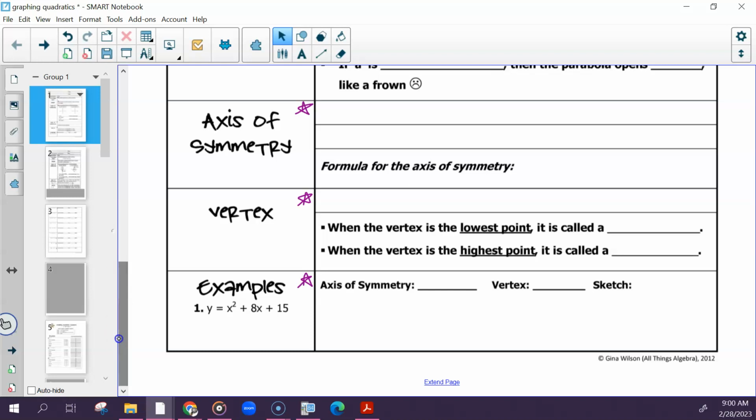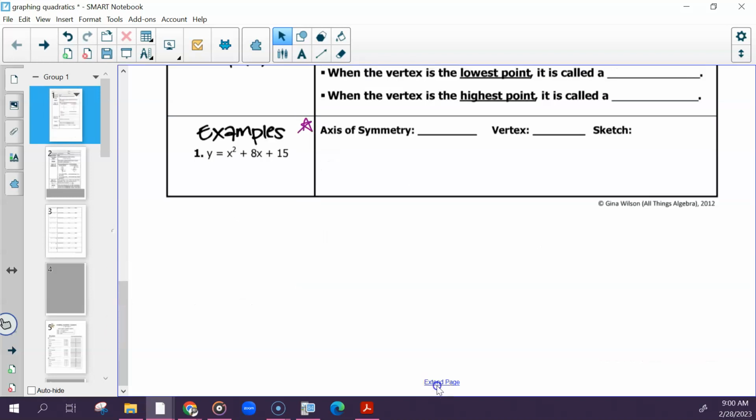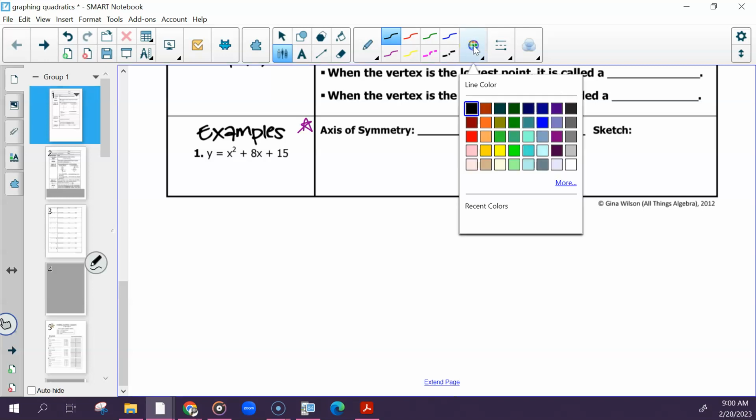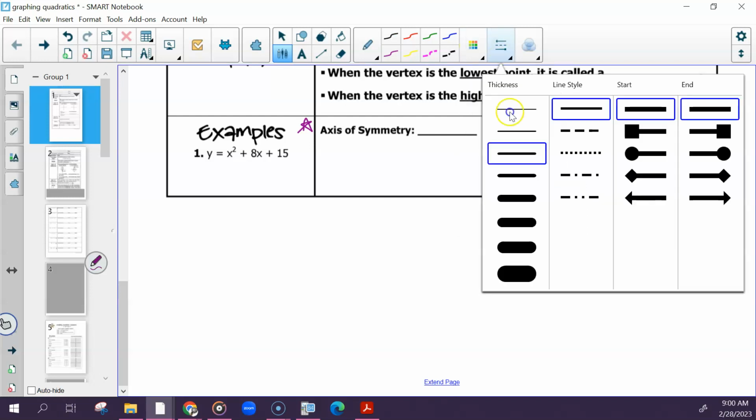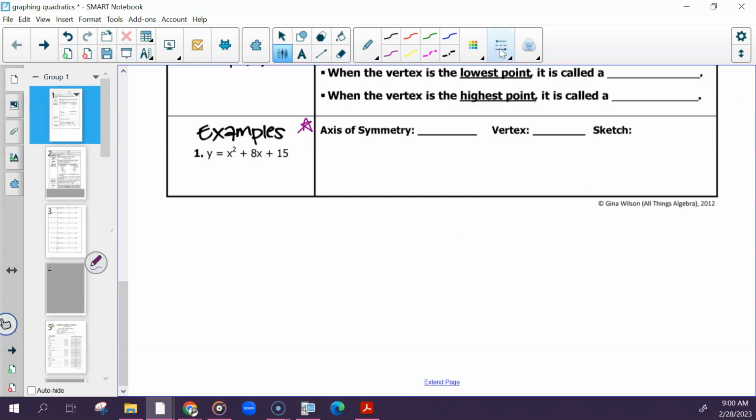Alright. So we're going to do a few examples where we're drawing a rough sketch of these using the other pieces. So first we're going to find our axis of symmetry. We're going to do this algebraically and then in the calculator. So we're going to use our x equals negative b over 2a.